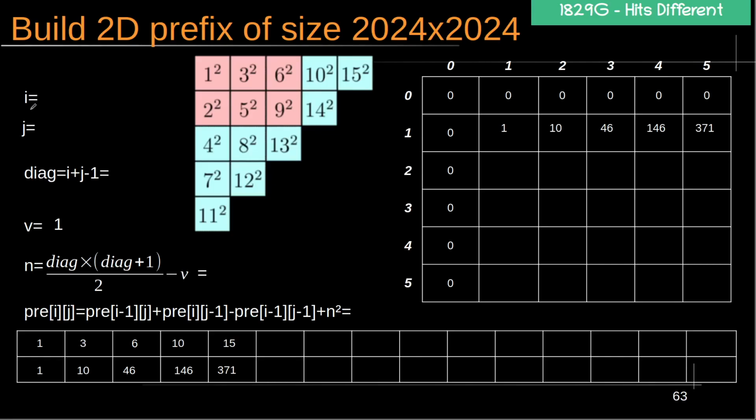We go to the second row, first column, diagonal is 2. We have 5, which means the sum of this range is equal to 5.